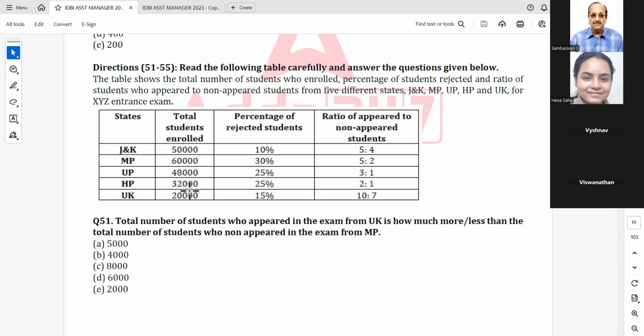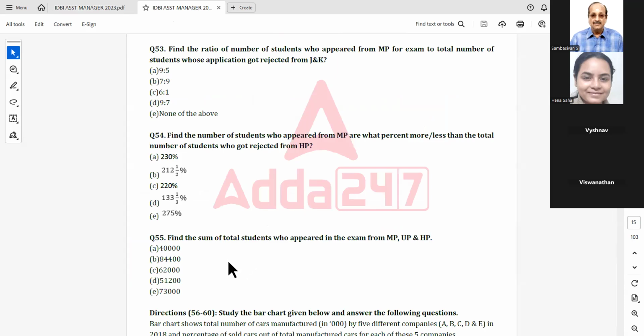So here it is 4 means 2. Here it is 25. Then 15. 25 into 15, it comes 375. That means the increase is 275%. Correct. Answer is E.